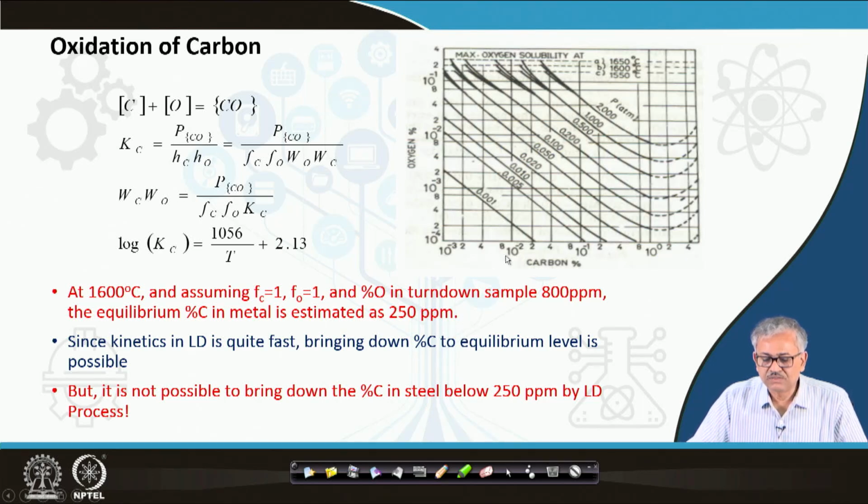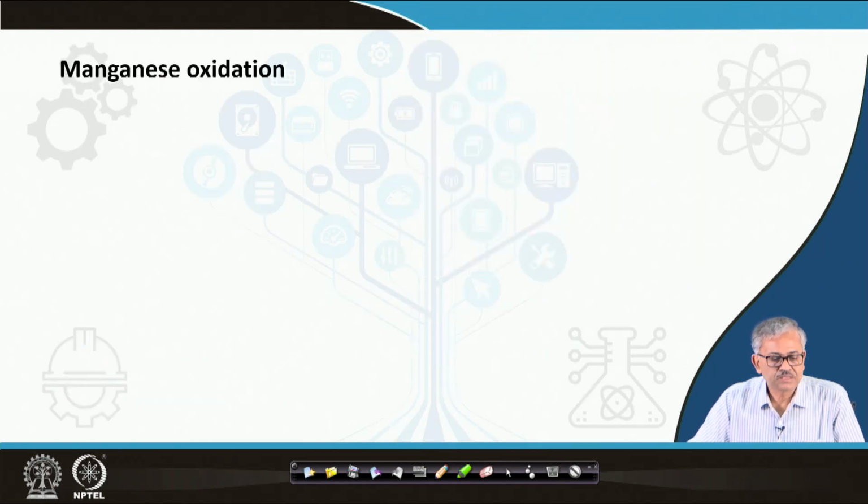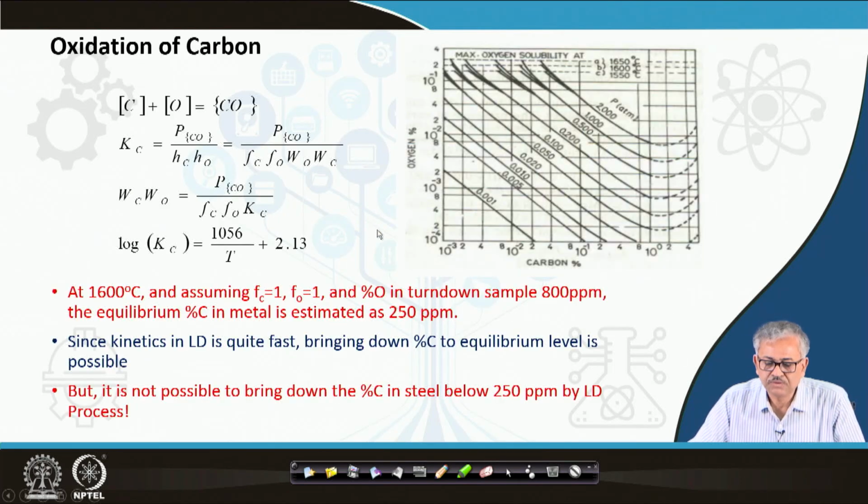On the order of 10 to the minus 2 weight percent is not a very difficult thing, that is of the order of 20 ppm, 30 ppm; still you can easily do that under vacuum. But under only steel making condition, that is not possible. That is the very important message.